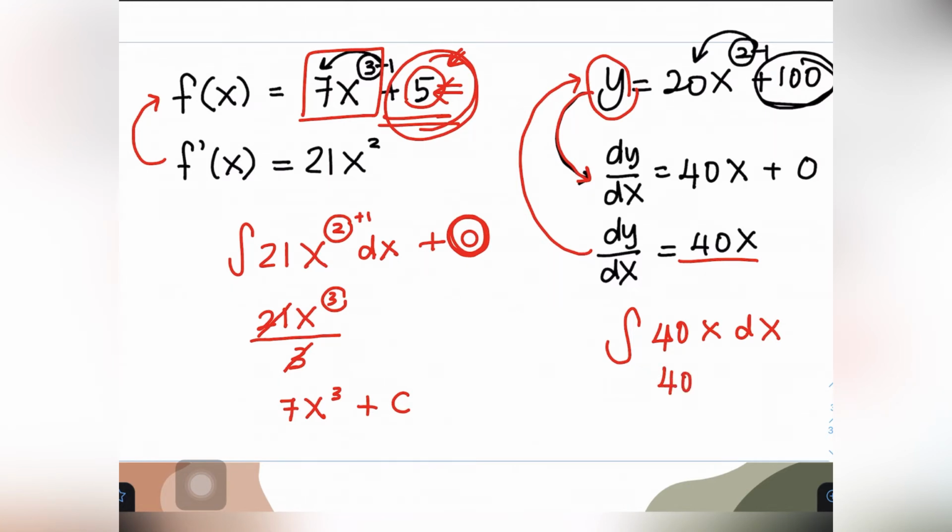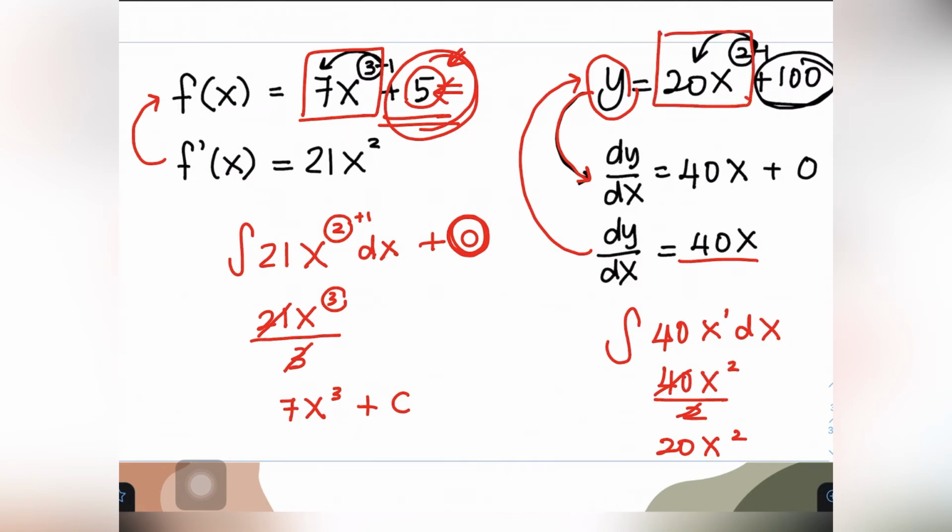So 40x, here you have power 1, it will become power 2. And the second step, you need to divide by 2. So 40 divided by 2 is equal to 20x to the power of 2. So you get only the first term here.